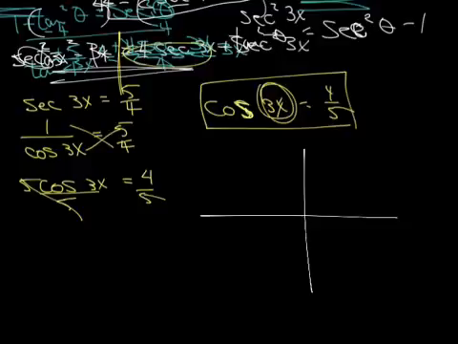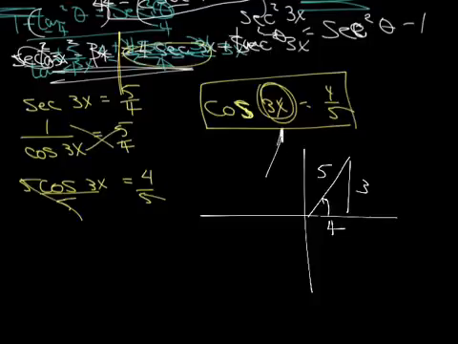Which, if you look at this, the adjacent is going to be 4, the hypotenuse is going to be 5, and then the opposite is going to be 3. So it'll be a 3, 4, 5 angle. Alright, but what angle is this going to be in order for that to be true? 3 times an angle is going to give you this 3, 4, 5 angle.